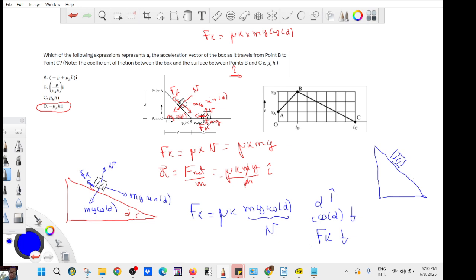The box is not going to push as hard on the plane, so the plane will not push as hard back, so the normal force will be very small. At worst, if it's like 90 degrees, it doesn't push at all, there is no friction applied, and it's just going to be in free fall.